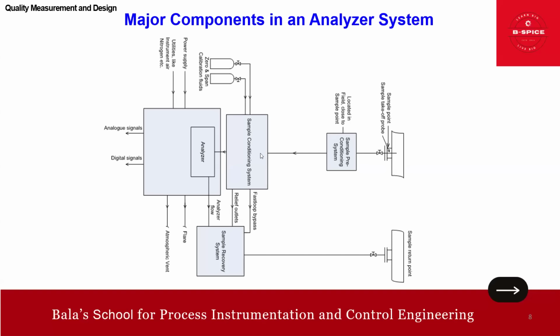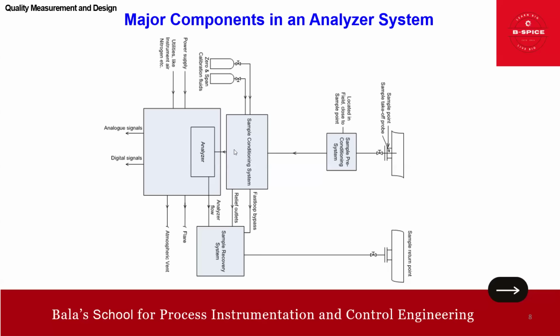Okay. Then you remember the fast loop also we discussed some time back. If you are a BSpice member, you know that. So this is a fast loop bypass and this is for the relief outlets. So this is actually a sample recovery system. Okay. So this goes to the sample return point actually. Right.